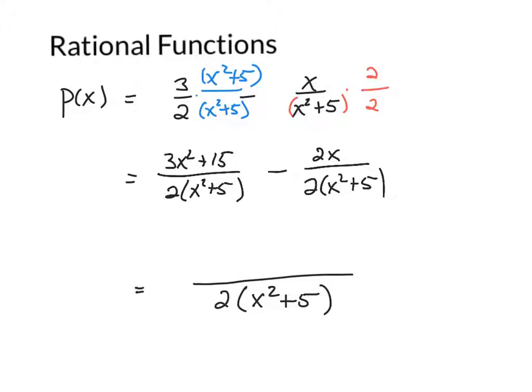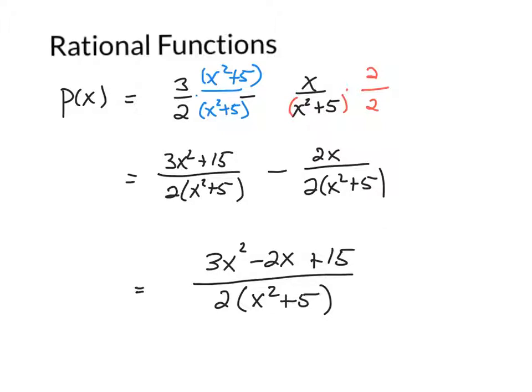Okay, so if I'm going to put all these together, looks like my denominators are the same, so I just need to subtract my numerators, and I get 3x squared minus 2x plus 15.